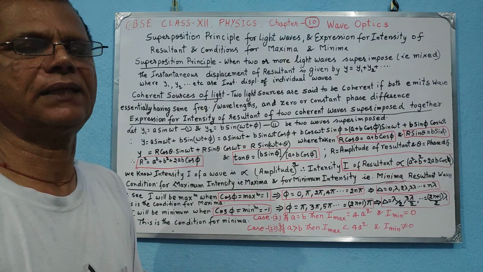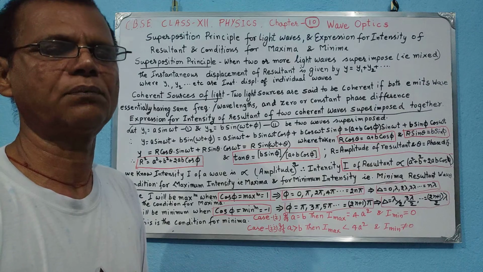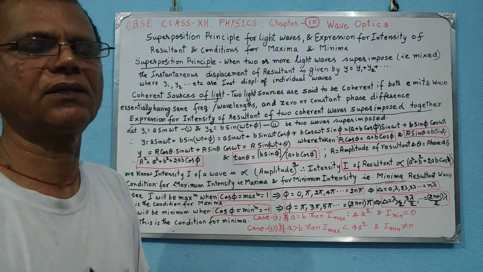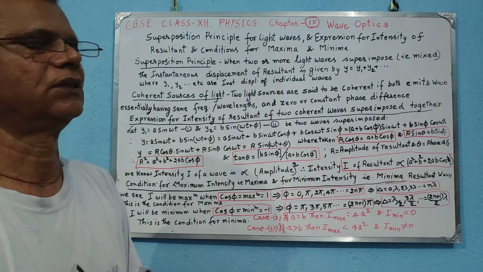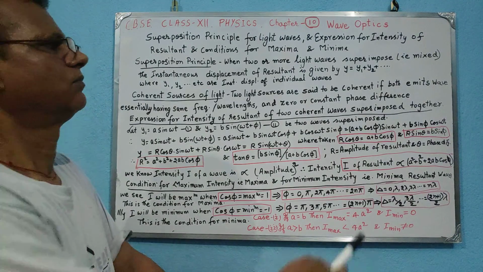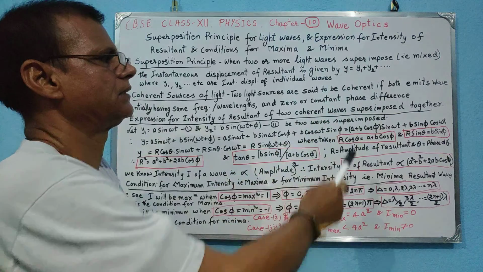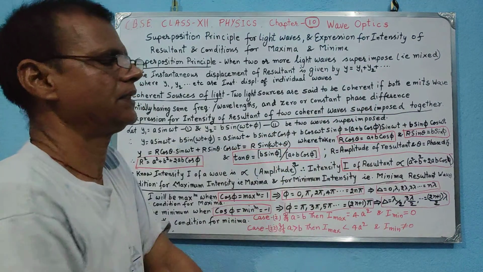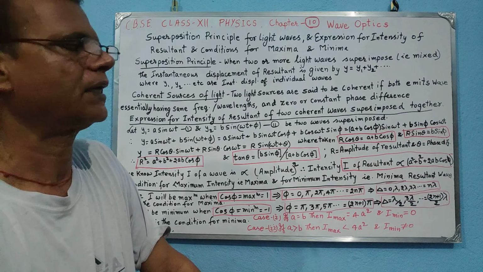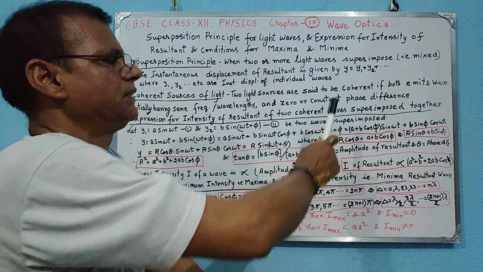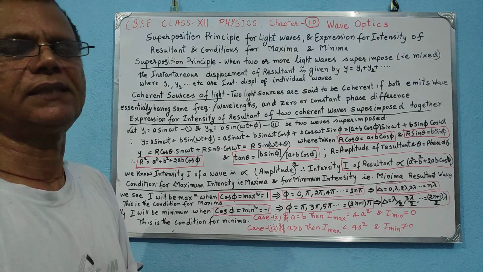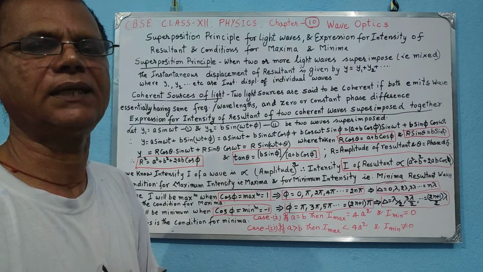Then the resultant wave obtained due to superposition of these two waves will be given by the expression y is equal to y1 plus y2, where y1 is the instantaneous displacement due to the first wave, y2 is the instantaneous displacement due to the second wave, and y is the instantaneous displacement of the resultant wave.